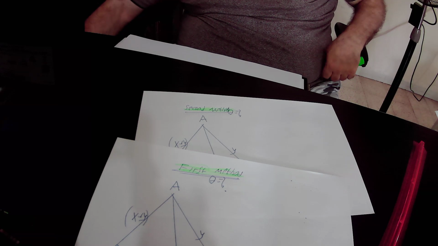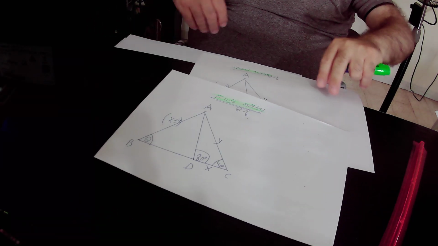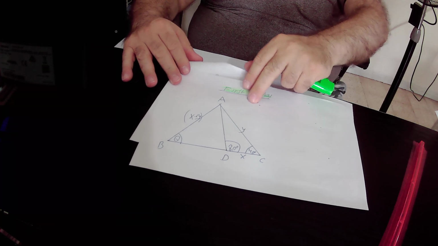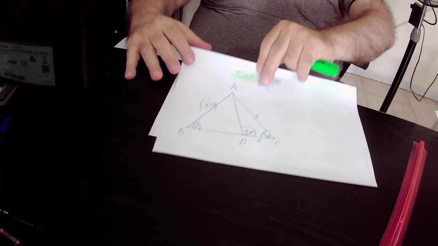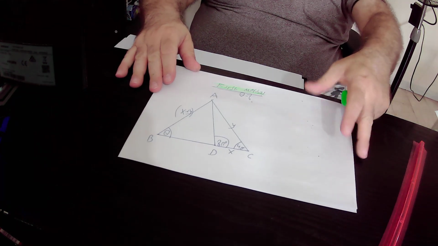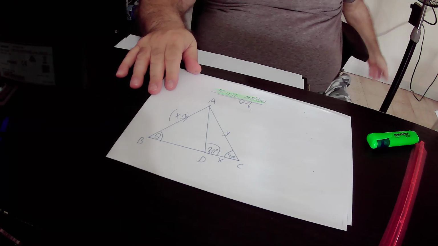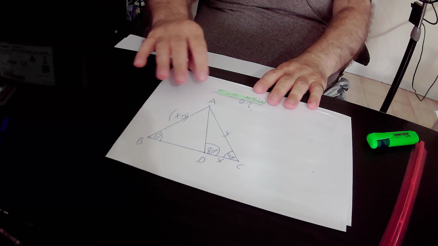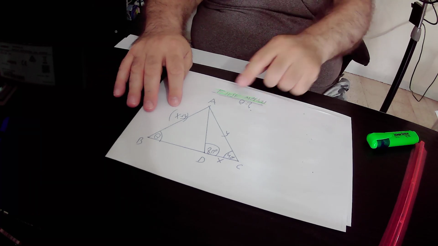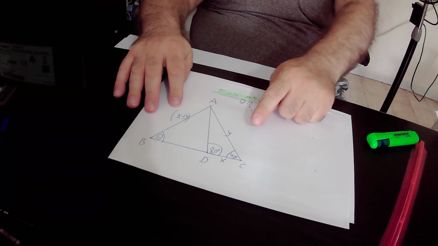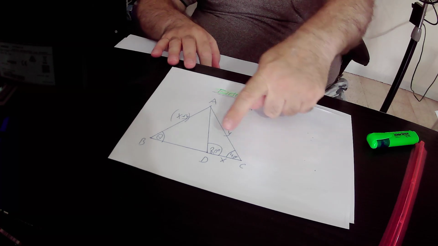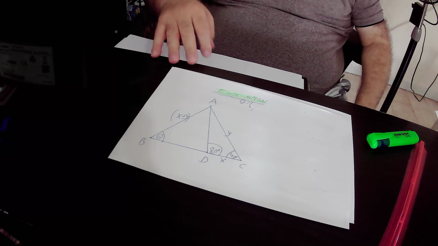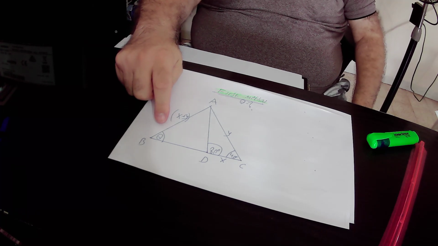So here in the drawing we have triangle ABC. Side AB equals to x plus y units, side AC equals to y units, this angle equals to 40 degrees, this angle ADC equals to 80 degrees, and our mission is to find out the size of this angle theta.